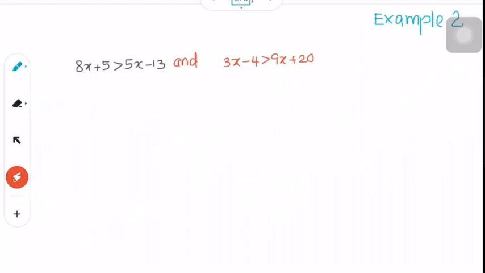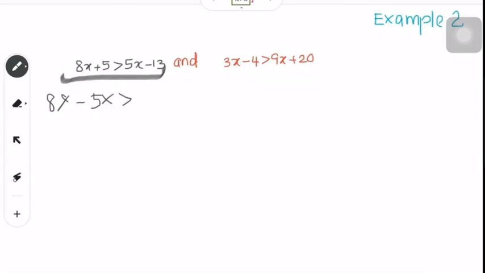So example number 2. For the first one, we solve it like a linear equation, using the backtracking method and grouping like terms. So 8x minus 5x is greater than negative 13 minus 5. So 3x is greater than negative 18, therefore x is negative 18 divided by 3.